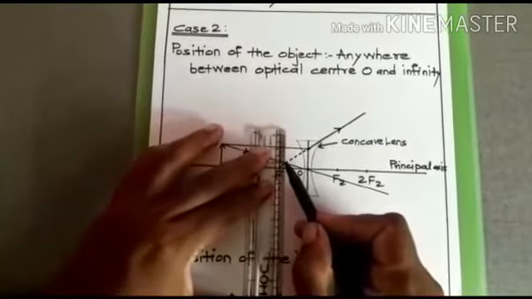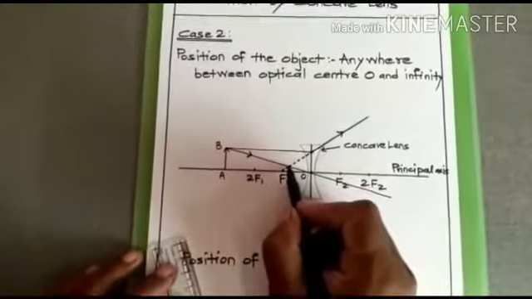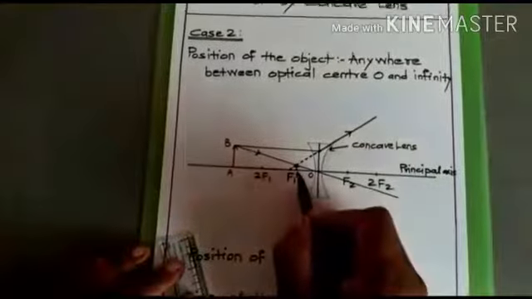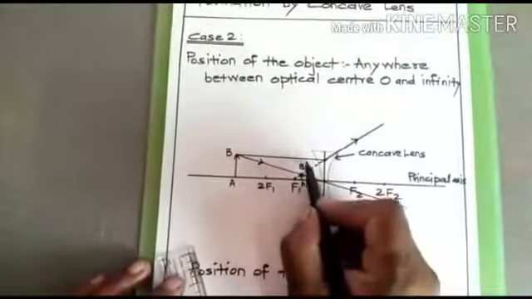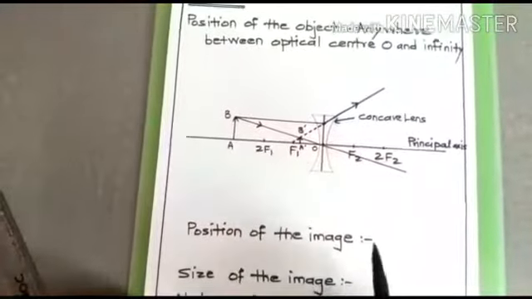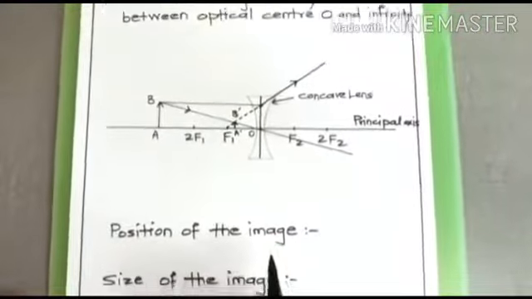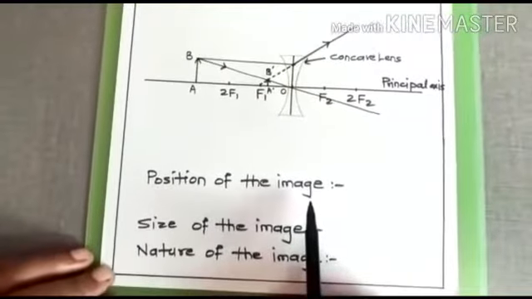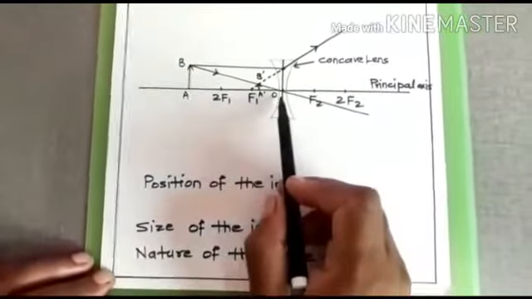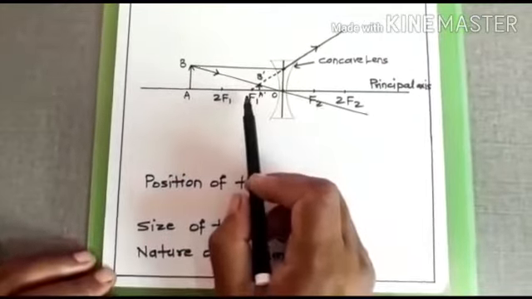Image is observed here. What are the properties of this image? Position of the image: between optical center O and F1.